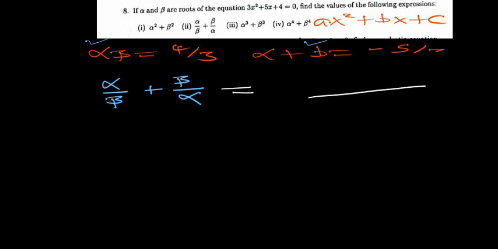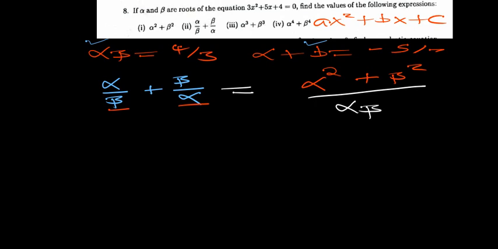What's the common denominator? Common denominator is alpha beta, and then if we divide by beta, which is the first one, you're going to remain with alpha multiplied by what's on the top. It will be alpha squared. Again, if you do that for the other part, it will be beta squared.